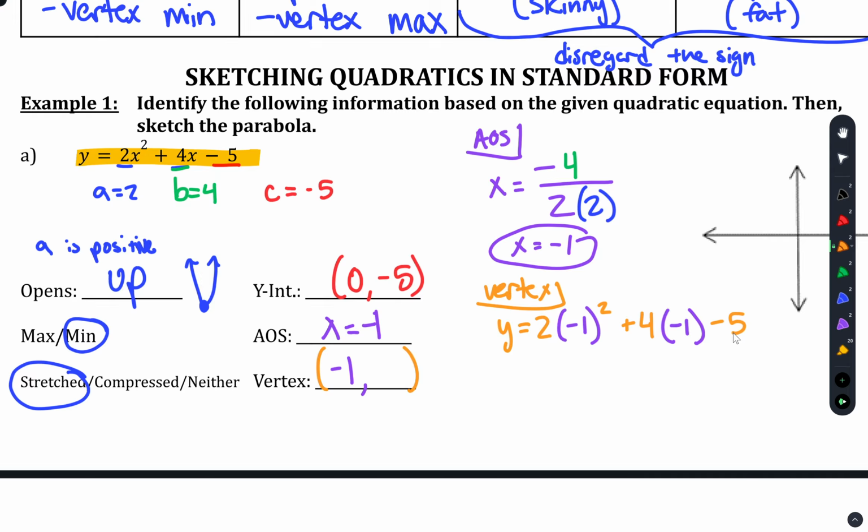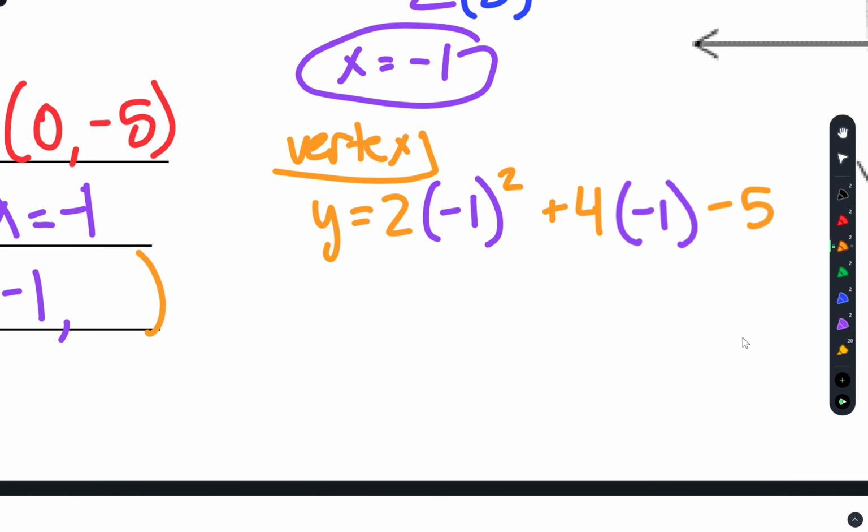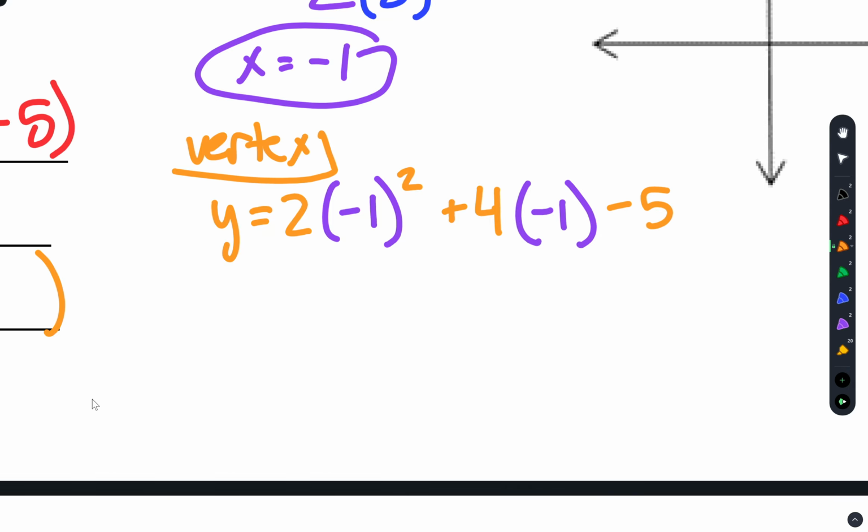Okay, this tripped up the last hour, so we want to make sure that we understand what's happening here when I do this multiplication. If I have a negative 2 times negative 1 squared, this negative 1 squared becomes a positive 1, but I still have a 2 out on the front.